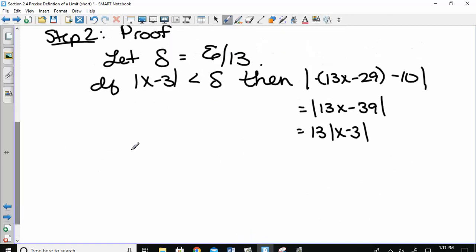Okay, but then what do I know? I get 13 times the absolute value of x minus 3, but the absolute value of x minus 3 is less than delta. So this is less than 13 delta.